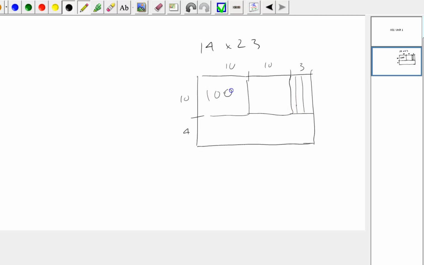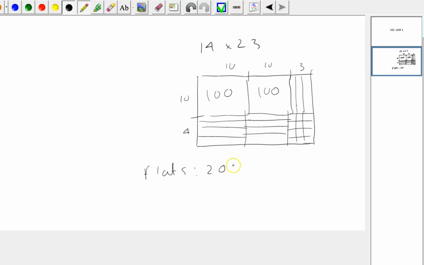Okay, so they drag a base block here, a base flat here, a flat here. This would be 3 rods. That would be 4 rods. That would be 4 rods, and here's our 12 ones. So then we'd ask them for the flats, which is 200, or we'd want to say maybe 2 flats, and then maybe we'd have them write them as the number, which is 200.